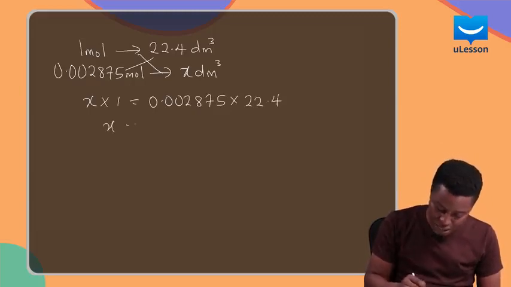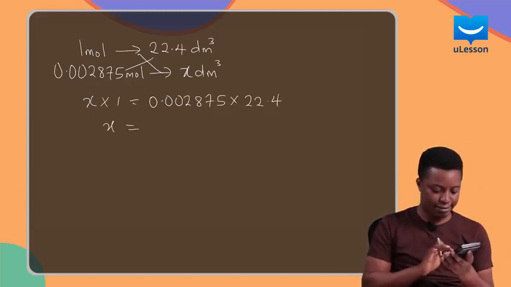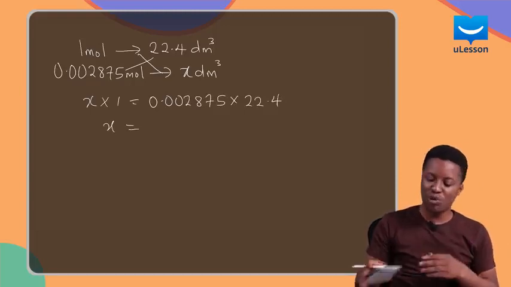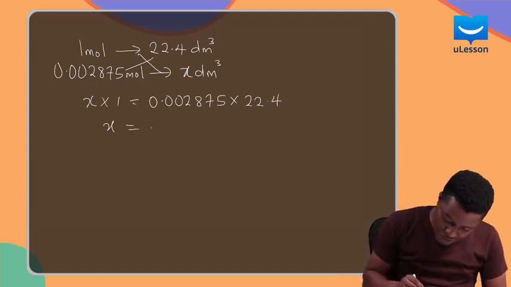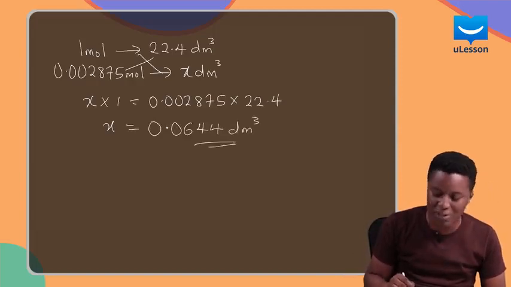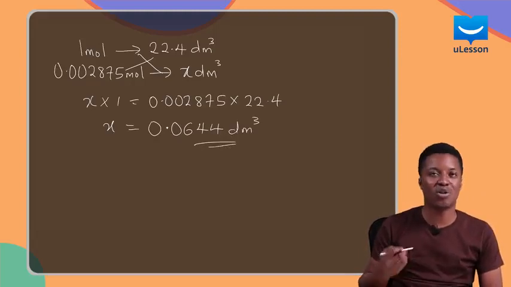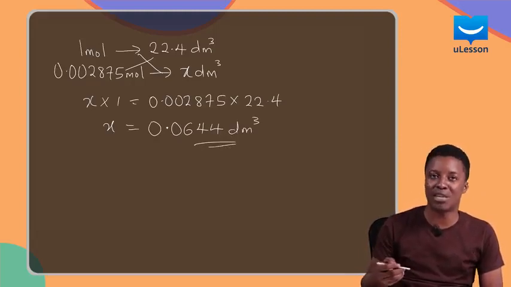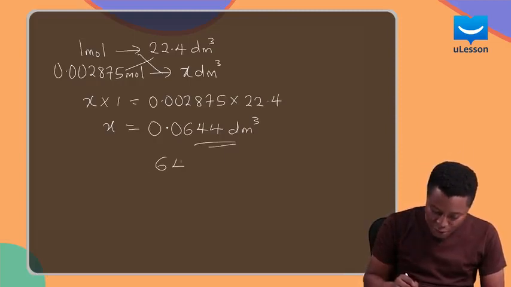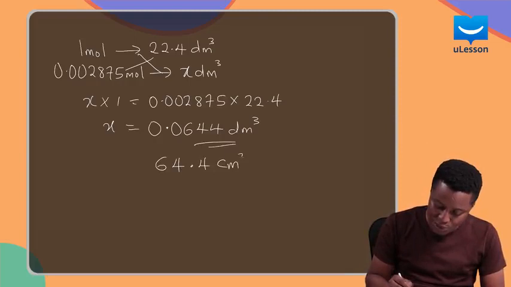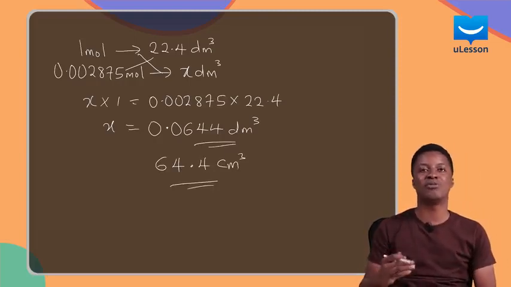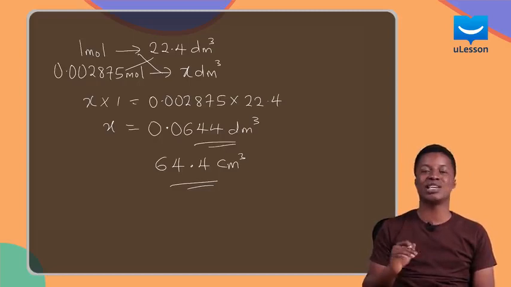When we quickly press this with our calculator, we obtain 0.0644 dm cubed. So the volume of the gas evolved at standard temperature and pressure is 0.0644 dm cubed. Or you can convert to cm cubed by multiplying by 1000, and that gives us 64.4 cm cubed. So this is the volume of carbon dioxide gas evolved at standard temperature and pressure.